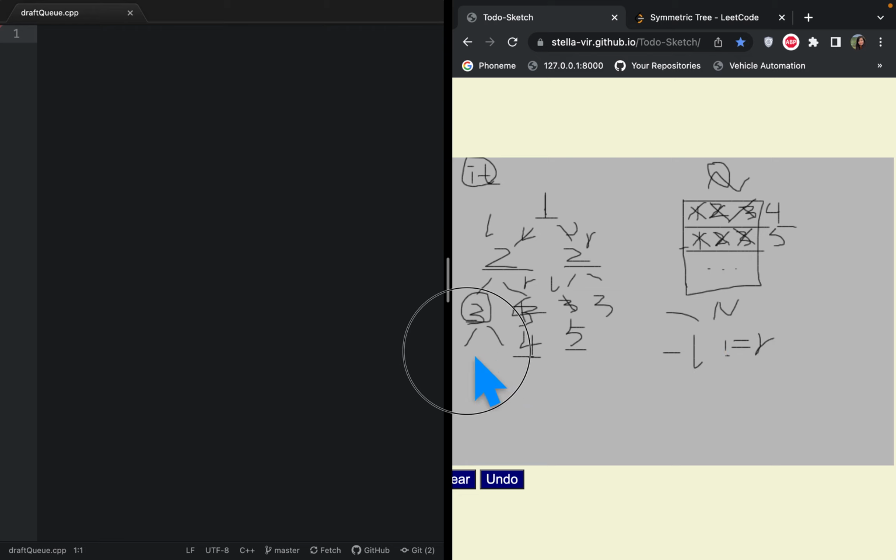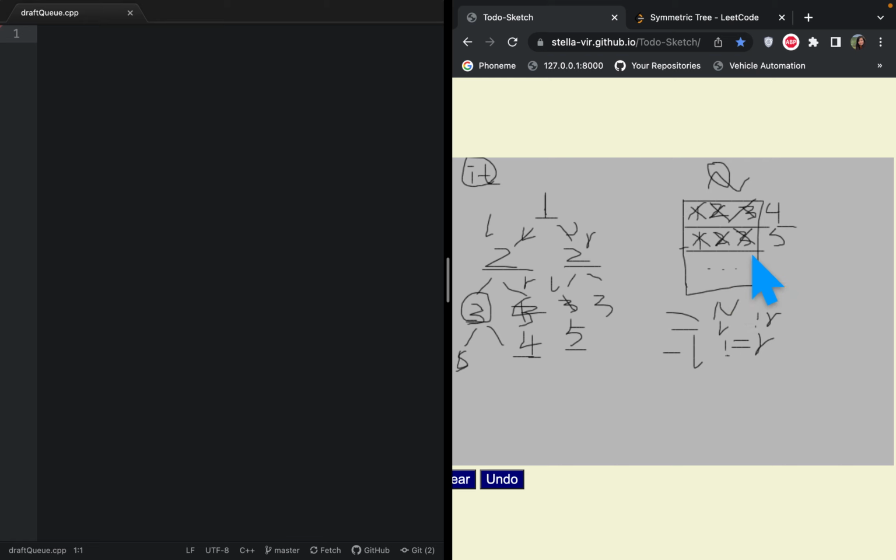Or if there's a 5 or 6 on the left side, but there's nothing on the right side, we can also return. So we have a left node but no right node, which means it's going to return false. And of course the other way around, we only have right but no left node, also we can return false. So these are the base cases, and this is the data structure where we push in and we pop out.